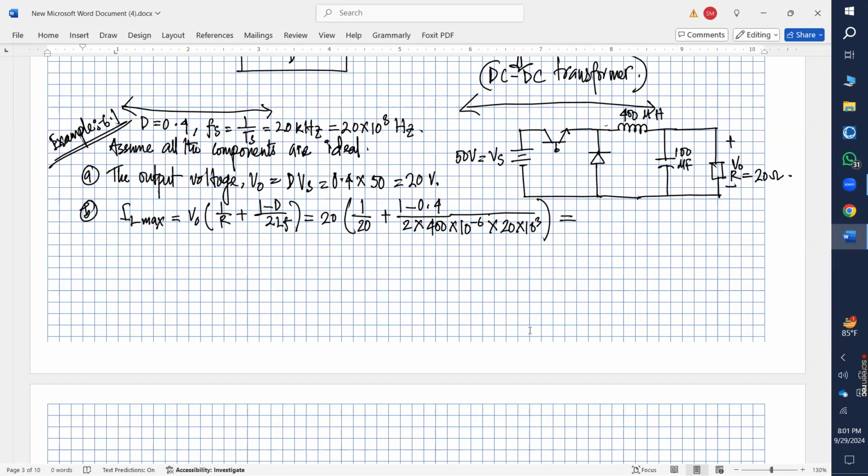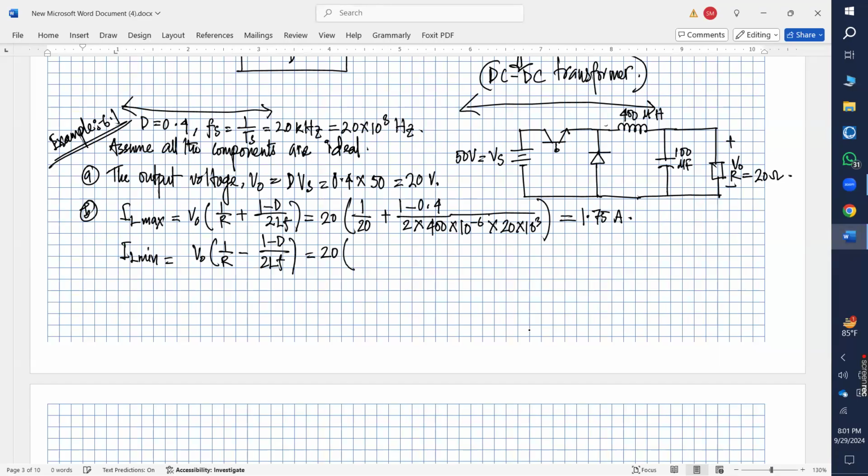Can anyone tell me the value? 1.75. 1.75 amps. Okay. So now if I want to get the IL min, it will have the same equation. Instead of plus, it will have the minus value, right? So it should be 1 over R minus 1 minus D divided by 2LF.